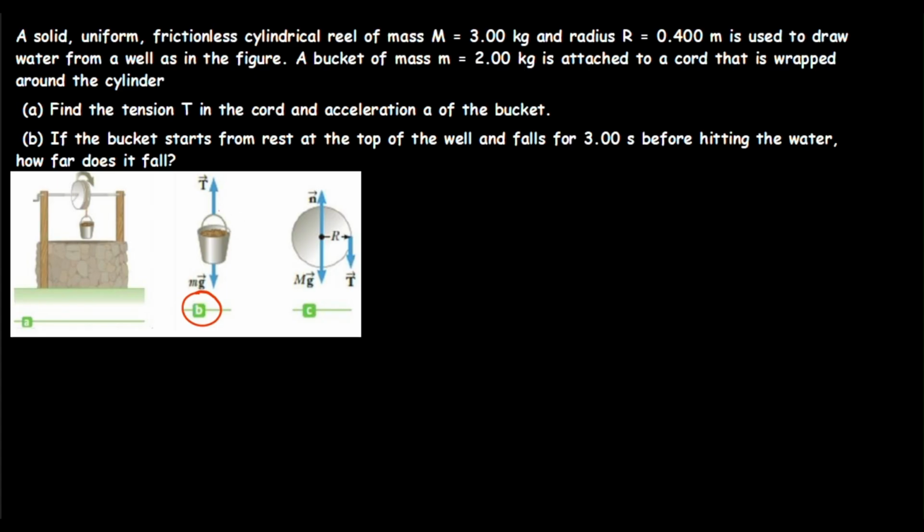We have the tension force, which is pointing up. That's the first one, so take this side as my positive side. Another one is the gravity force, which is pointing down. So I have two forces acting upon the bucket.